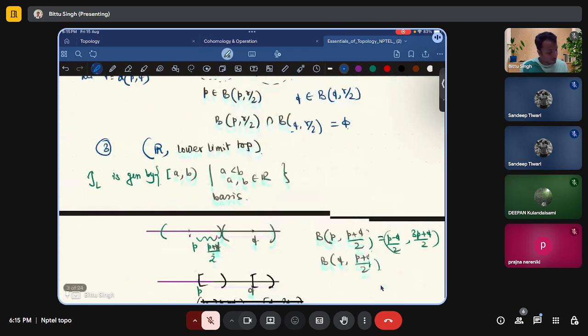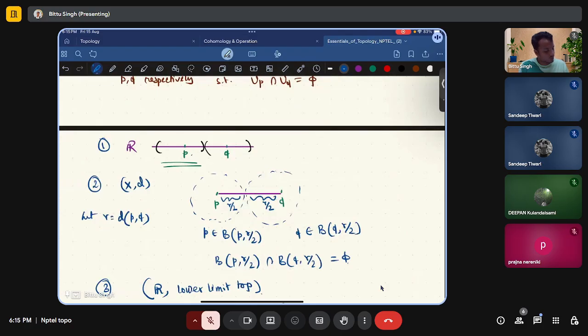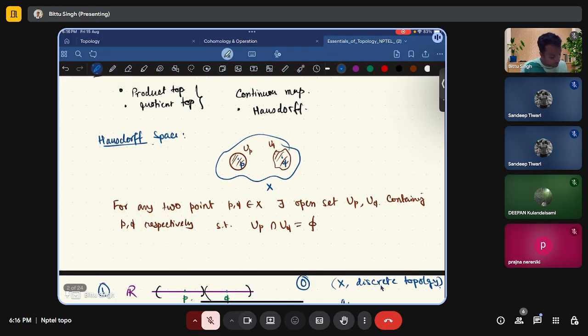So here is one example which is always Hausdorff. Example 0: (X, tau) with the discrete topology. This is always a Hausdorff space, because every point is open. Again, there is a slight mistake: the definition requires two distinct points.